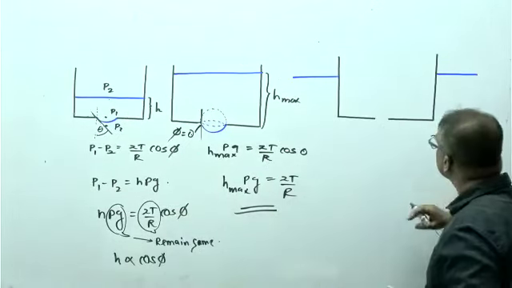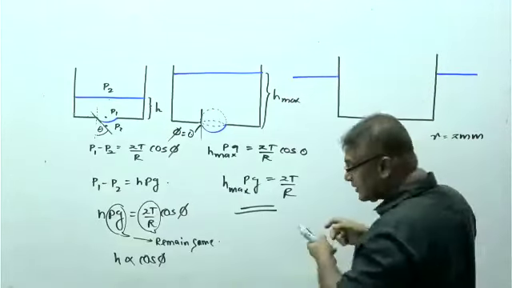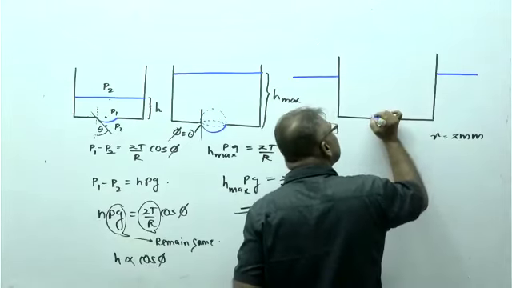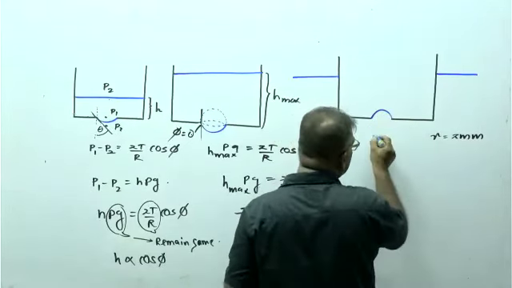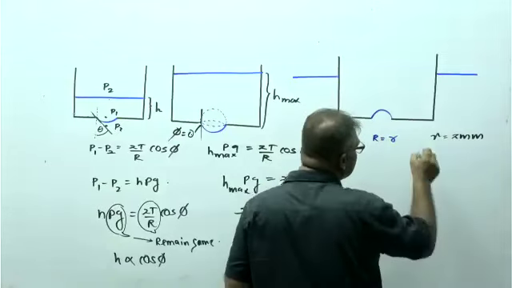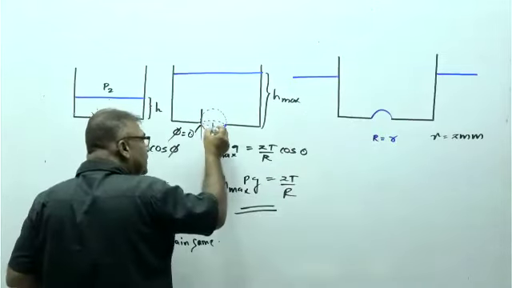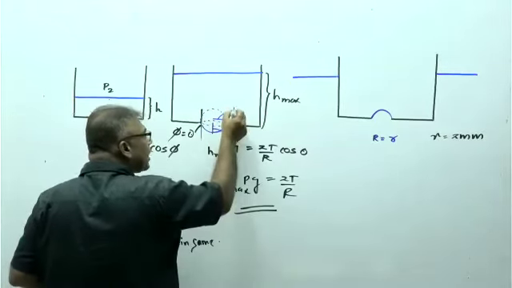As the container is dipped in the liquid container, the liquid meniscus forms like this. The radius of meniscus equals the radius of the tube. Here we have the radius of the tube, r.